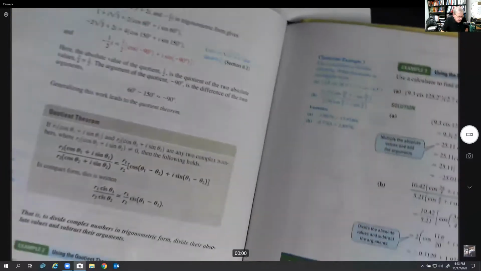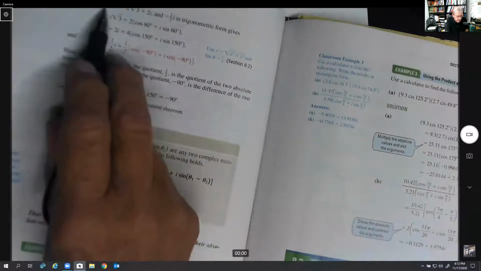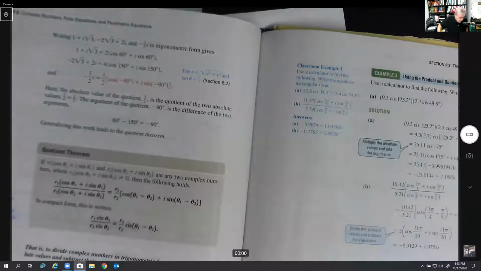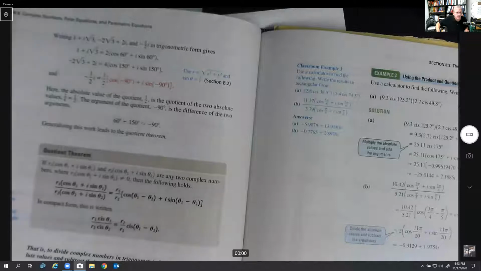Okay, so on the next page, they took the first one and wrote it in polar form. And I'm going to write in my book, which I shouldn't do, but I'm going to write right here.